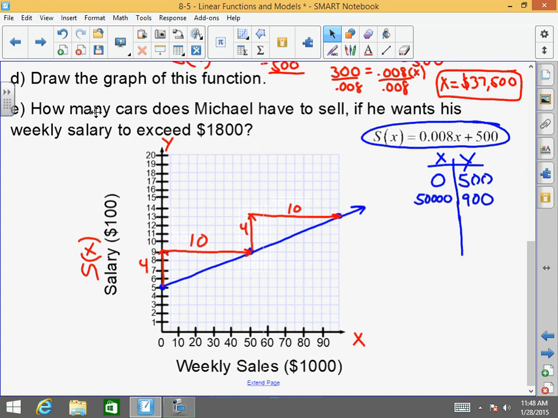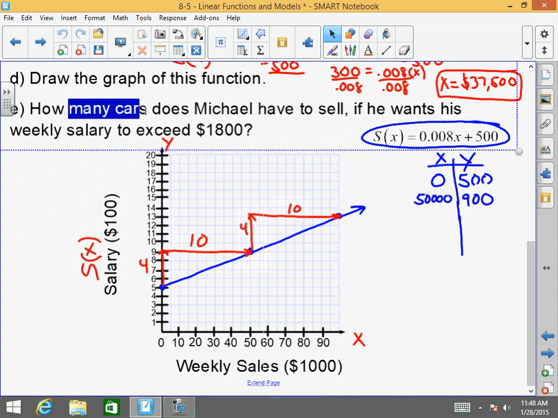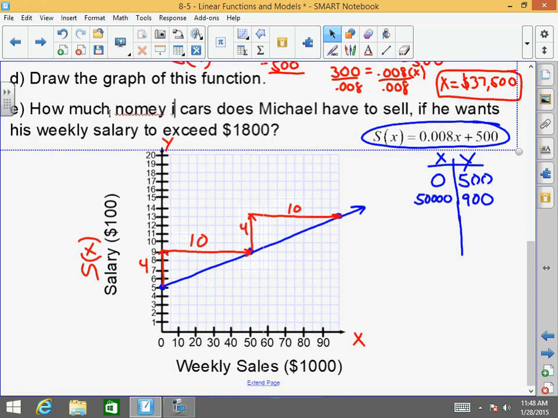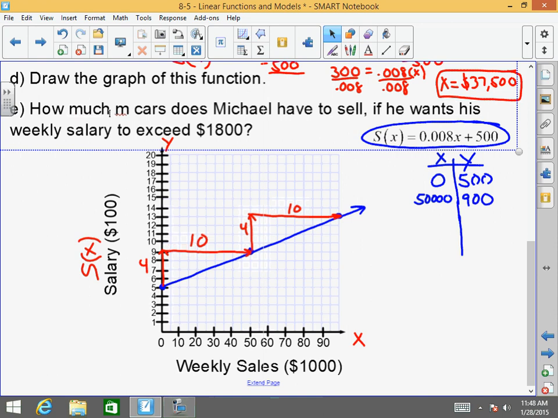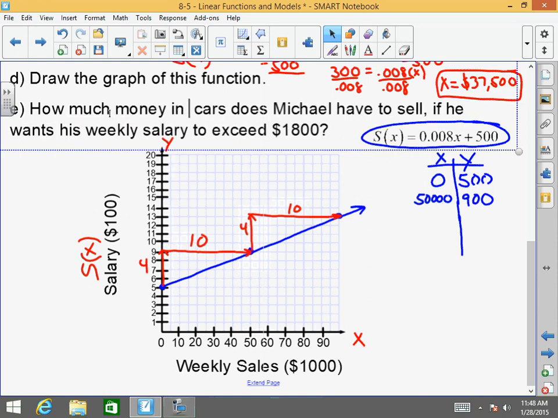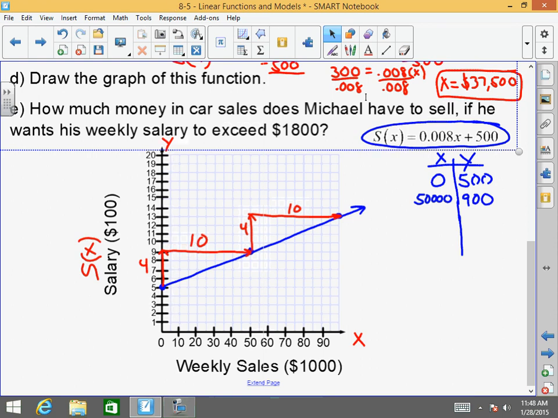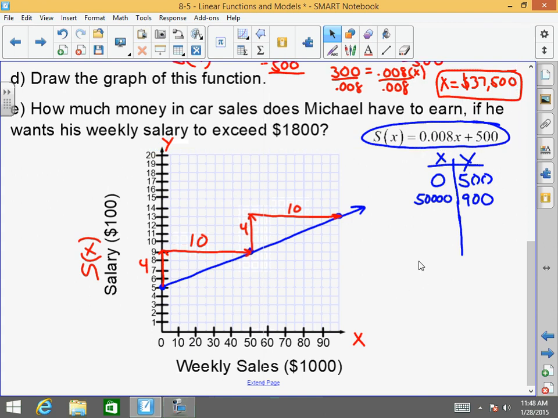It's more how much money in car sales does Michael have to earn or make if he wants his weekly salary to exceed $1,800. Well, here they're telling you to set up an inequality, okay?